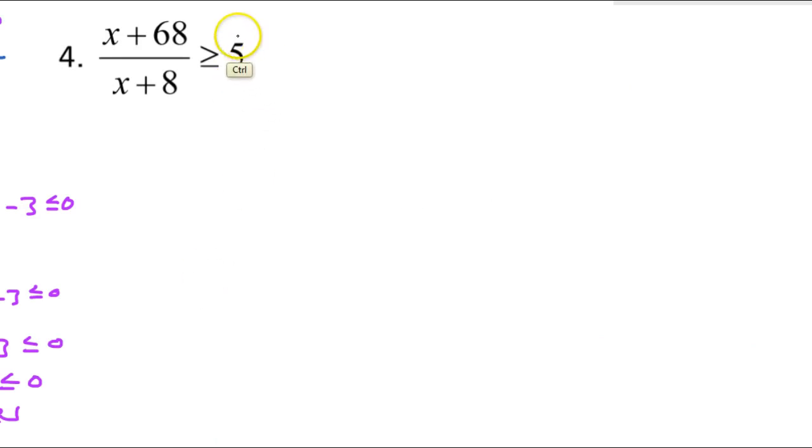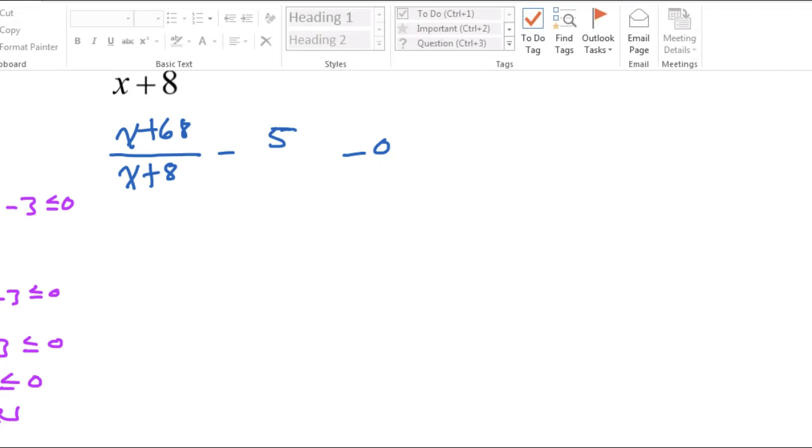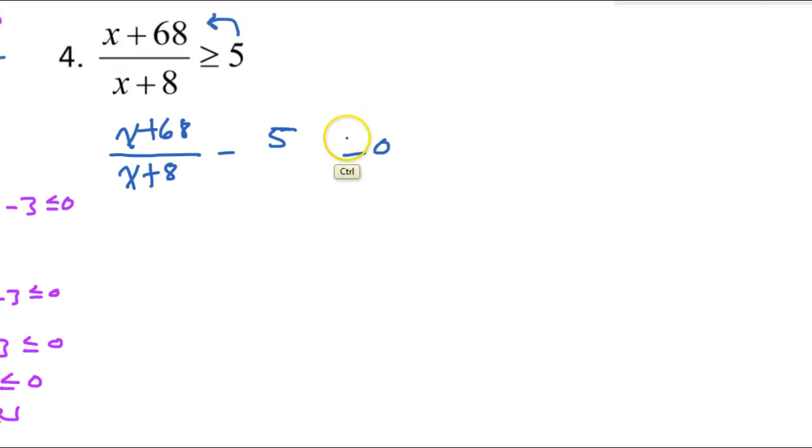All right, problem number 4. I need to start by moving this 5 over to the left. So that's going to give me x plus 68 over x plus 8 minus 5 is greater than or equal to 0. All right, but the first thing I need to do is solve the related equation where this is equal to 0.